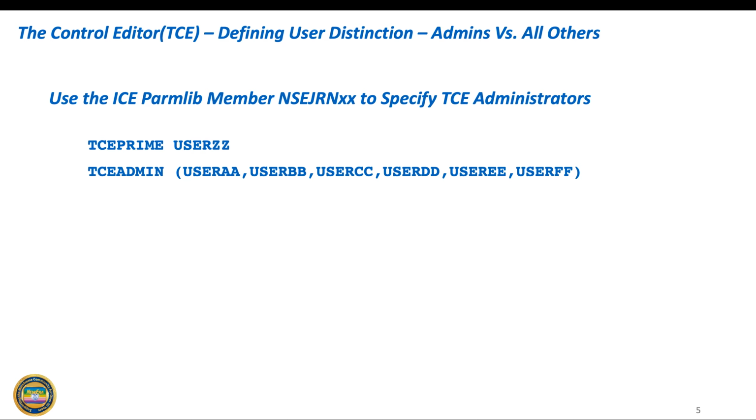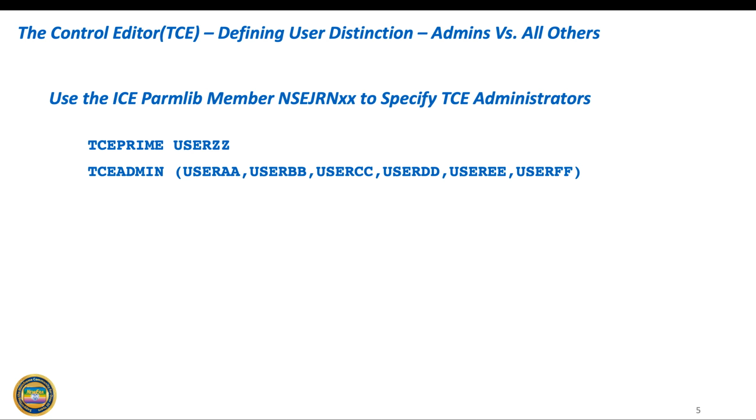Administrators, whether they are the prime TCE administrator or a subprime TCE administrator, are given certain privileges and rights, particularly as it relates to the establishment of boundaries and other settings within the control editor and within image focus.